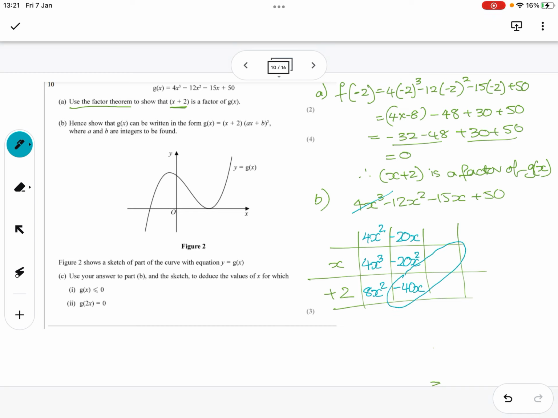Yeah, to get from minus 40 to minus 15, I would have to add 25x, which means this would be times 25. Brilliant. So this is 50, so that's all gone. So at the moment I have got x plus 2 times by 4x squared minus 20x plus 25.